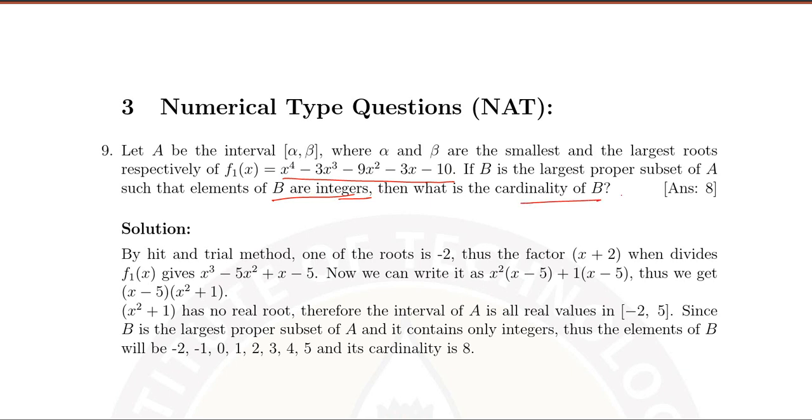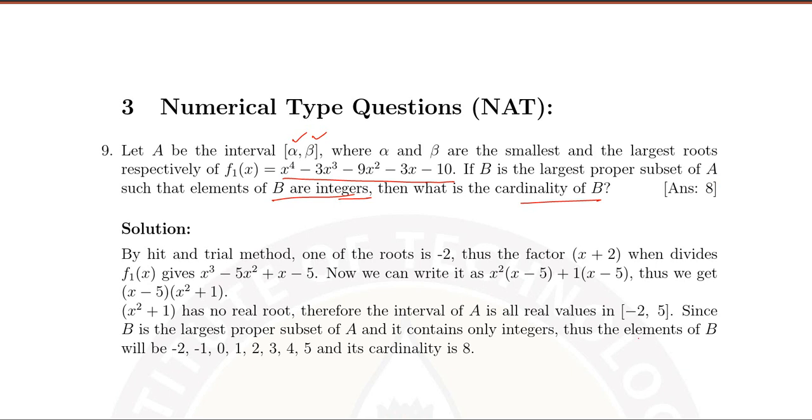In order to address this question, we first need to find alpha and beta, which are nothing but the smallest and the largest roots respectively of this f1 of x function. Once we obtain that, all we have to do is find the largest proper subset of A, that will be our B, and we need to find the cardinality of B, right?